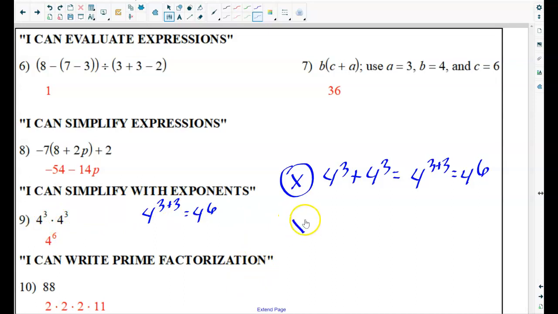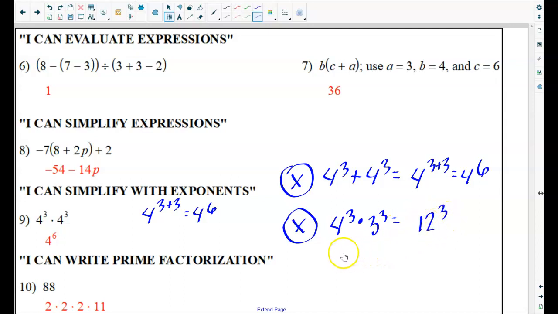What else is the wrong interpretation? Okay, what if you have 4 to the 3 times 3 to the 3? I've seen students say different things, like they might say something like 12 to the third, maybe.